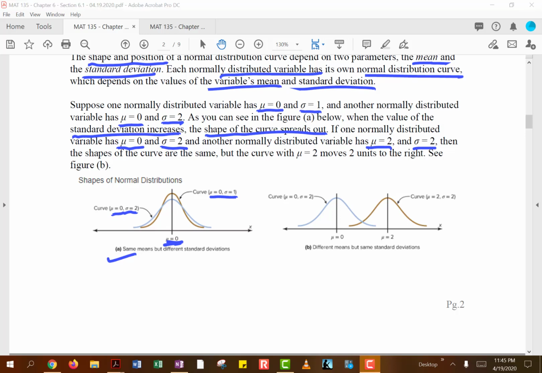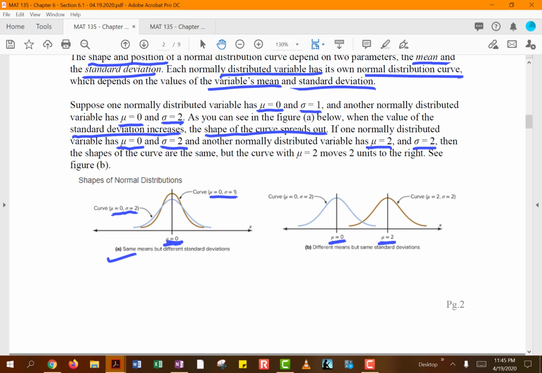So what happens is the shape of your normal distribution curve is going to stay the same, but the position changes. This variable that had the mean at 0 is going to be right here, and the second variable that had a mu at 2 has now moved 2 units to the right. So when our standard deviation stays the same but the mean changes, the position of our curve is going to change.